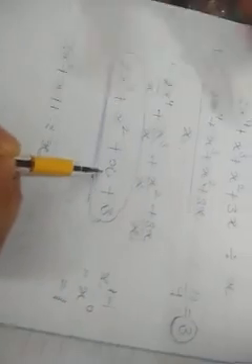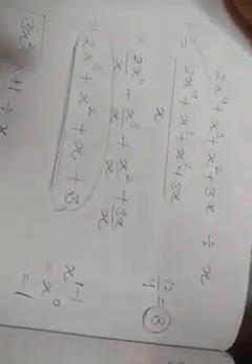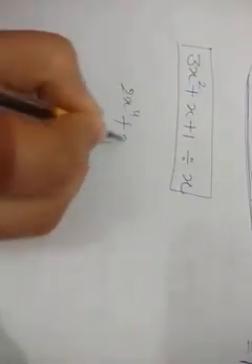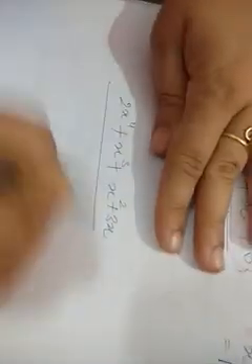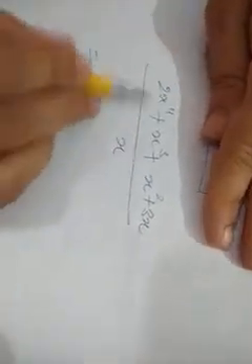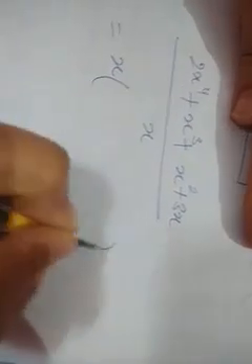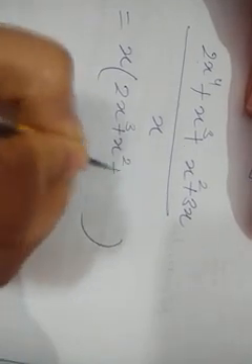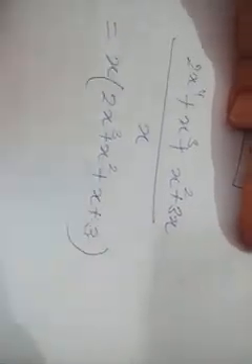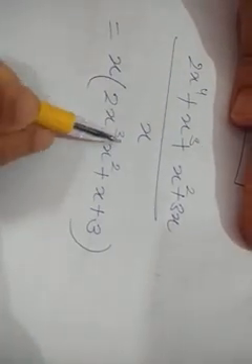So one method is this, you can divide in this way, or the second method is this: 2x power 4 plus x cube plus x square plus 3x divided by x. You can take x common from it. If we take x common from it, then what will we get? 2x cube plus x square plus x plus 3. X power 1 we are taking common, so out of 4 it will be left with power 3.